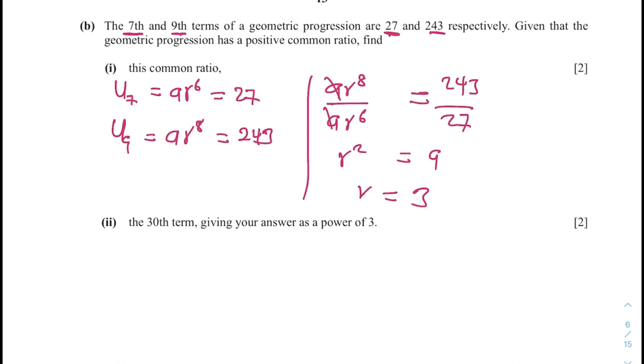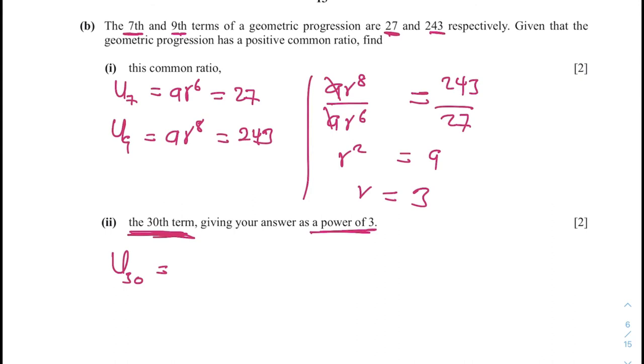Right. Okay. Then they said that the 30th term, we should find it, and we should give our answer as a power of 3. No problem. So U30 will be equal to a. In fact, we have not even found the first term. But we can find it, right? We can use this to find it.